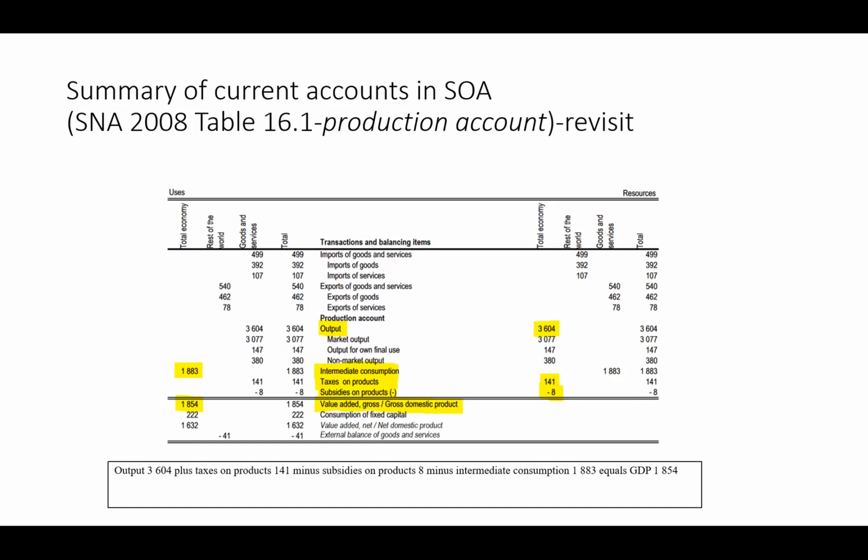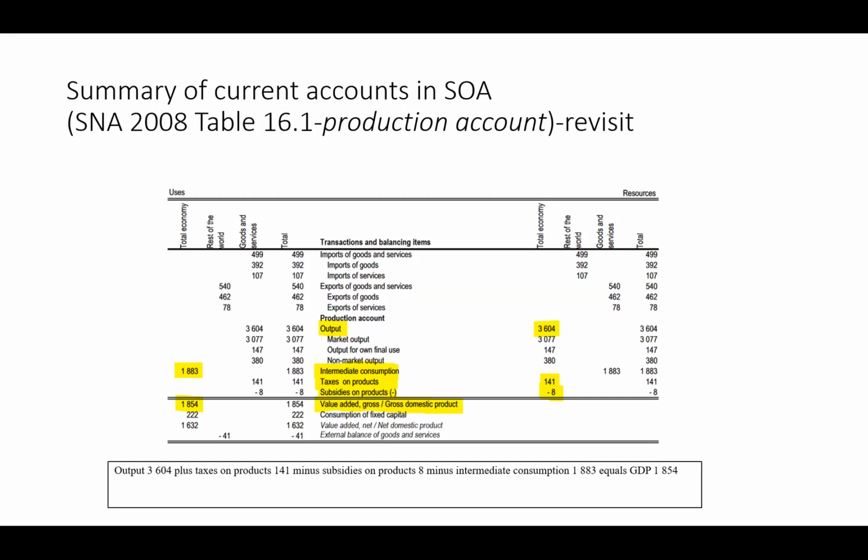So we are revisiting the production account T table, left part showing the users and right part showing the resources. And we see in the middle the descriptive headings, accounts, and then descriptive headings for the economy. In the table here, we have output, intermediate consumption, taxes on products, and subsidies on products. So it is given already here as a balancing item, gross value added.